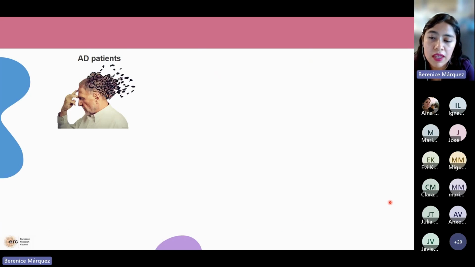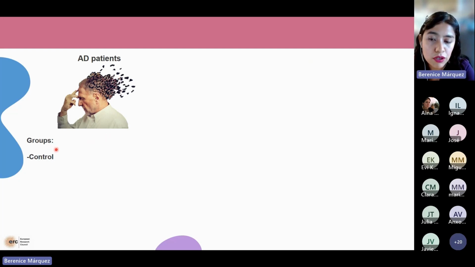To study the morphological alteration of the dentate granule cells throughout Alzheimer's disease progression, we studied patients with this condition that were distributed along the 6 neuropathological stages. The subjects were grouped into the following categories.